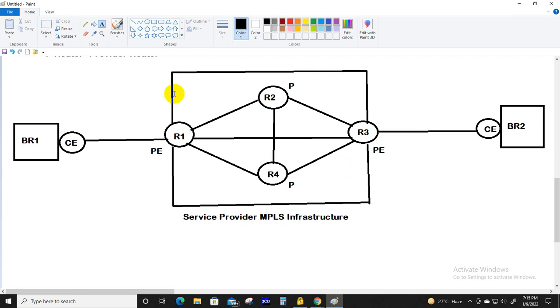Basically, this network is MPLS network. Where MPLS is used, both provider edge routers and P routers are using MPLS.